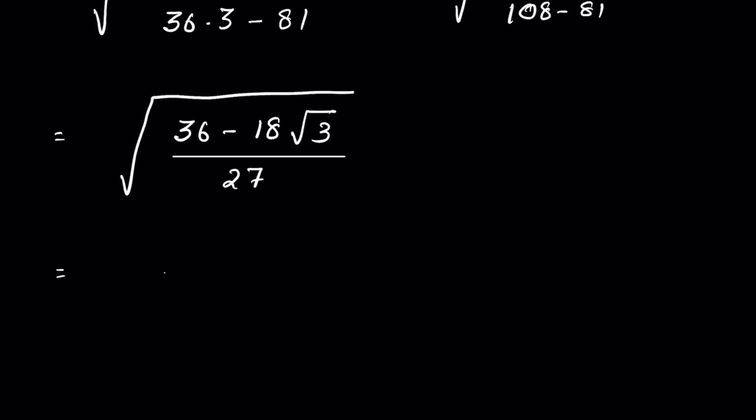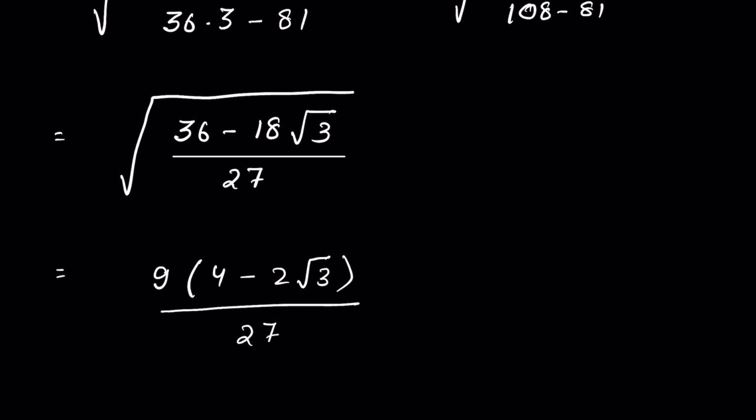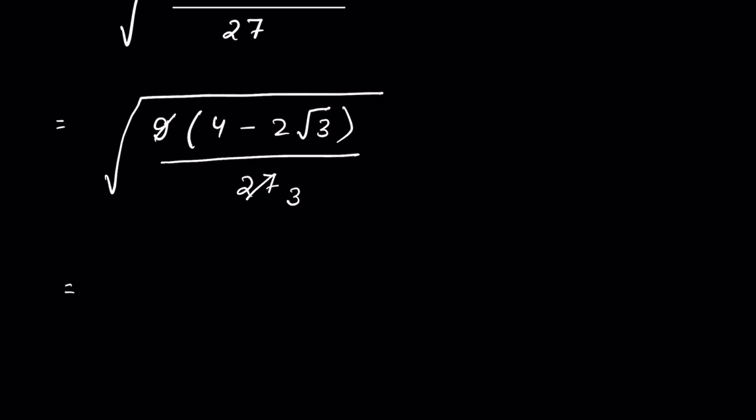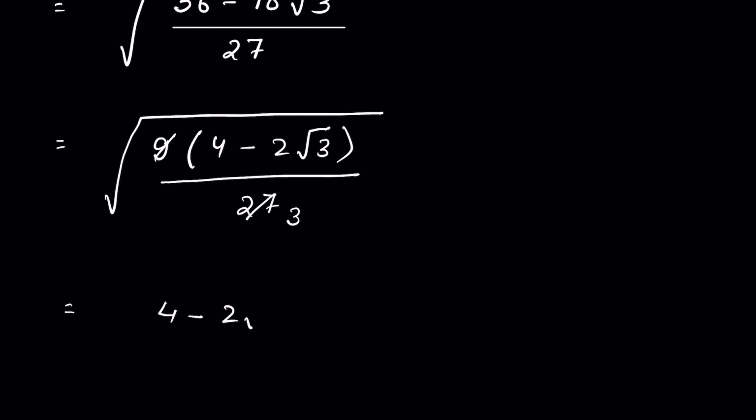Now we can take 9 common and write 4 minus 2 times square root of 3 upon 27, under square root. Now 9 times 3 is 27, so 4 minus 2 times square root of 3 upon 3 under square root.